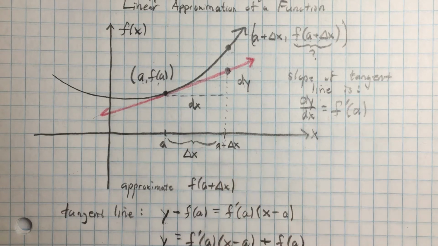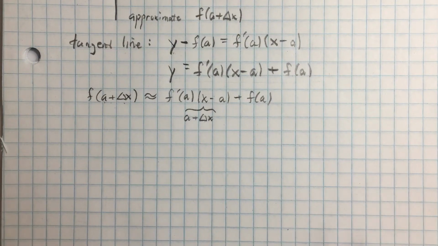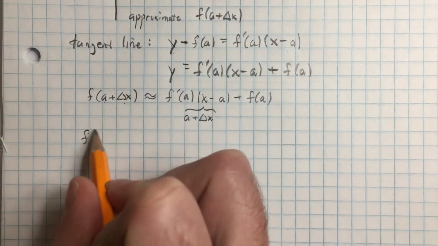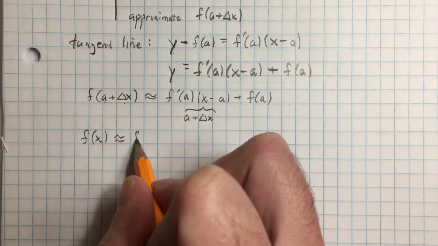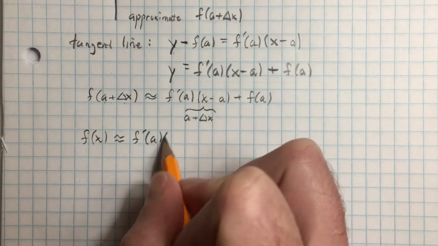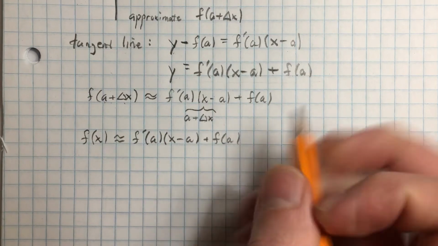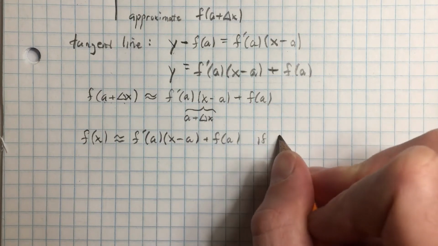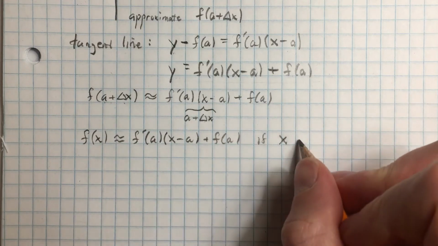So instead of me writing f of a plus delta x down here, I should just be able to write the function, right? F of x will be nicely approximated by our tangent line as long as x, the x value we'll be talking about, is near a.